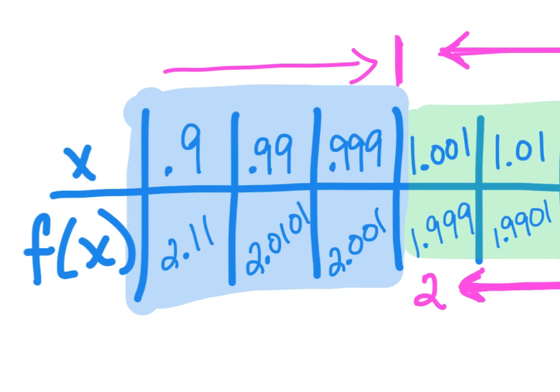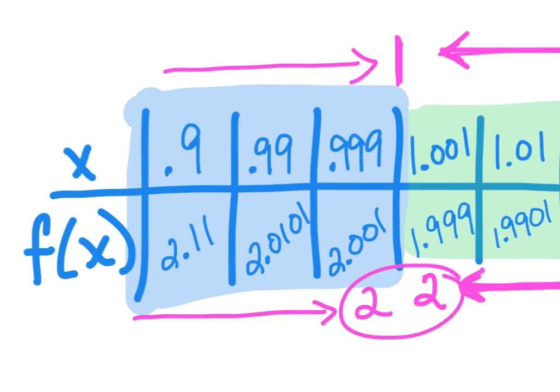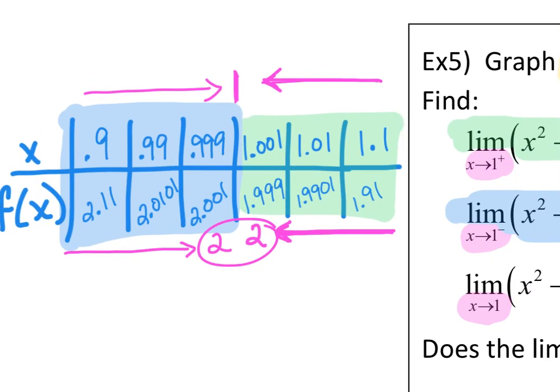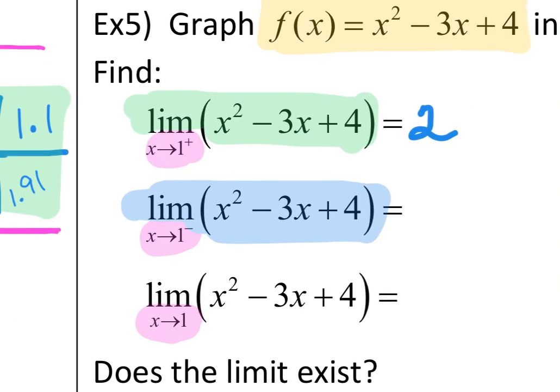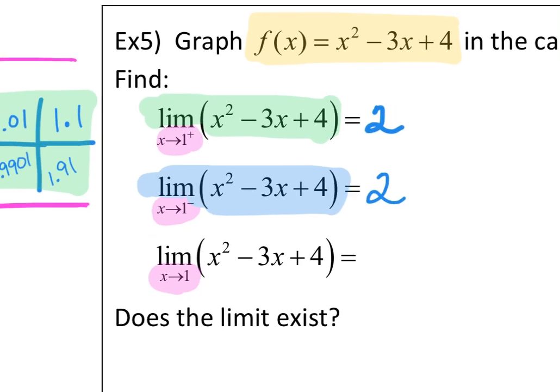So as x approaches 1 from the left, the y values also approach 2. Your limit from the left is the same as your limit from the right, so over here we're going to fill in a 2.